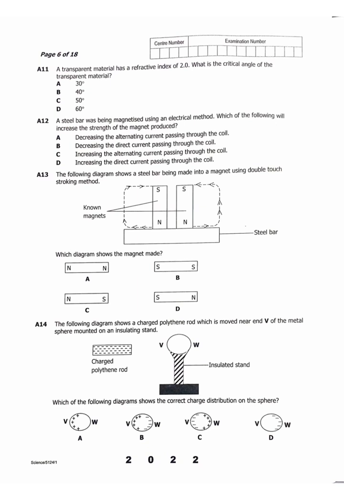Okay, now let's move on to question 11. A transparent material has a refractive index of 2.0. What is the critical angle of the transparent material? The formula for the critical angle is refractive index n equals 1 over sin C, where C represents the critical angle. We substitute the refractive index, in our case 2.